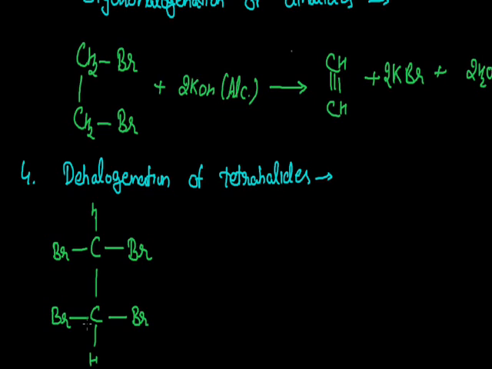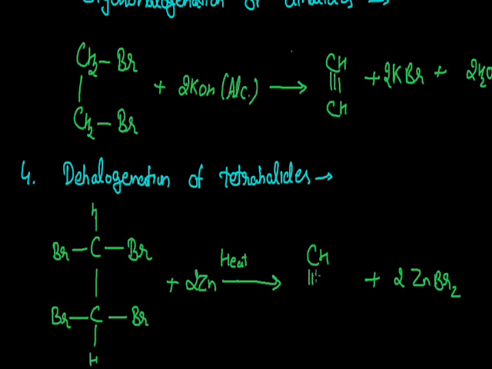So this molecule contains 4 bromine atoms, that is a tetrahalide. If we go for the dehalogenation, that is the removal of halogens, it can be termed dehalogenation. And for the removal of halogens, we are using electropositive metals, like 2 zinc atoms here. When we heat this mixture, the reaction occurs between these two. The zinc reacts with the bromine, resulting in the formation of zinc bromide with the formula ZnBr2. 2 molecules of zinc bromide will form with the formation of acetylene. So that is another method of formation for this acetylene.